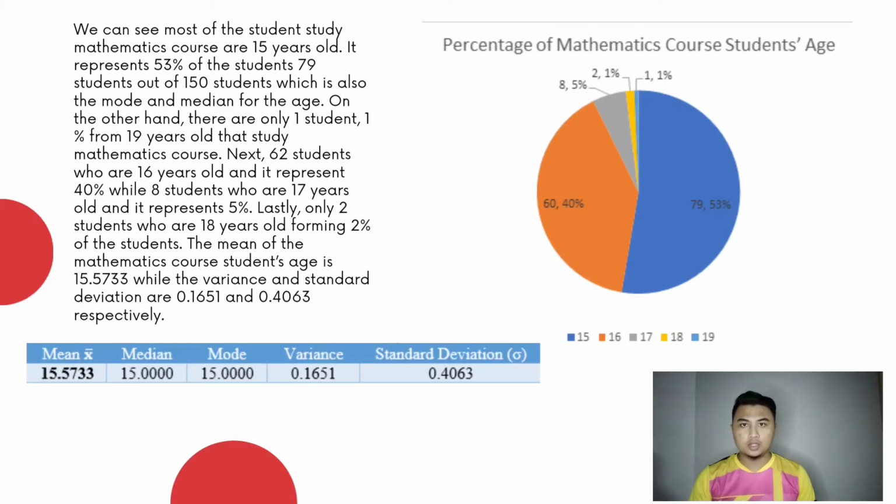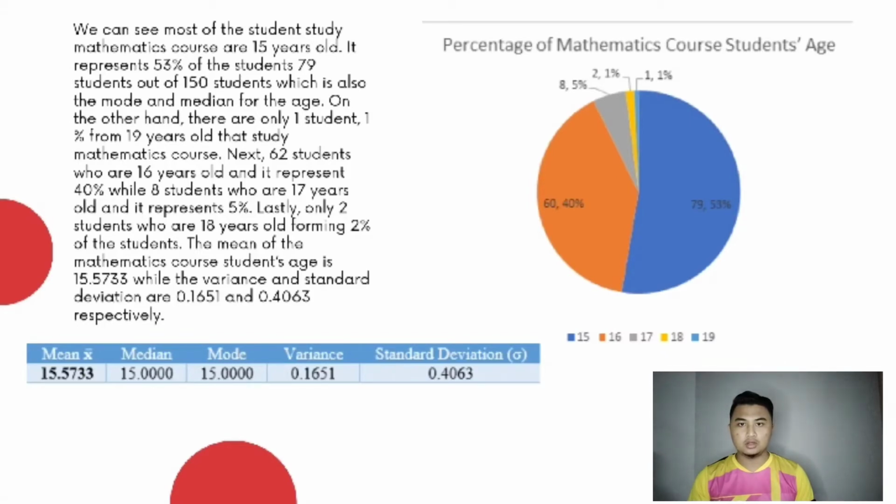Based on the pie chart, we can see most of the students studying the mathematics course are 15 years old. It represents 53% of the students, 79 students out of 150, which is also the mode and median for the age. On the other hand, there is only one student, 1%, who is 19 years old.